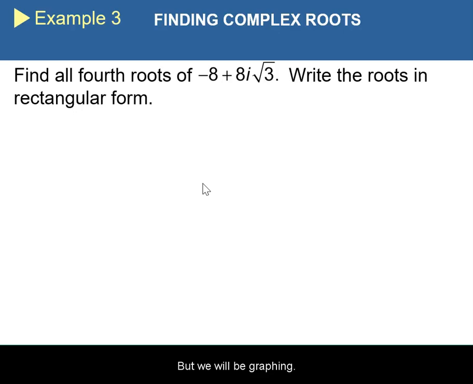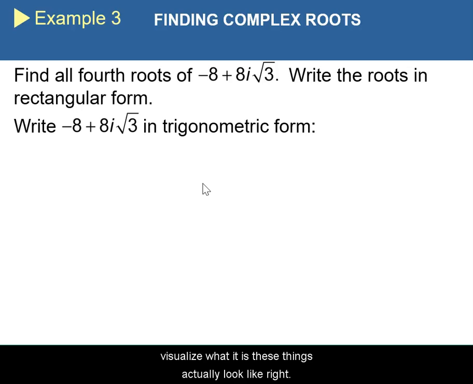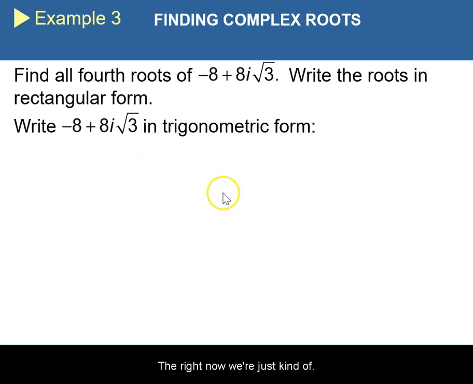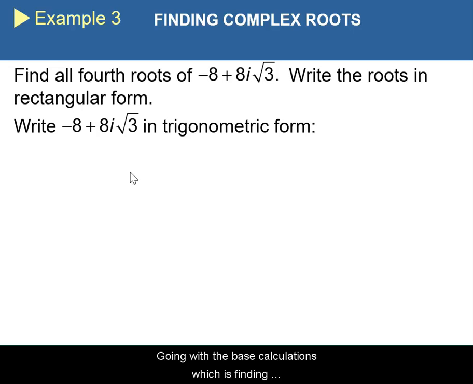We will be graphing the roots on the circle in a couple of examples down from here, so it'll be easier to visualize. Right now we're just going with the base calculations, which is finding those roots. We'll worry about graphing them later.